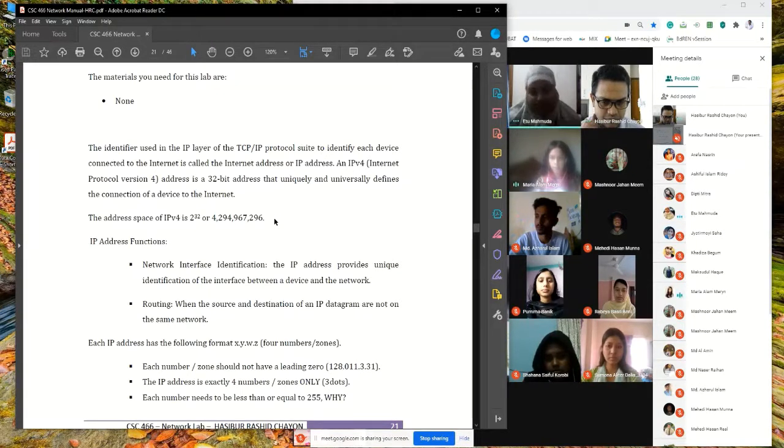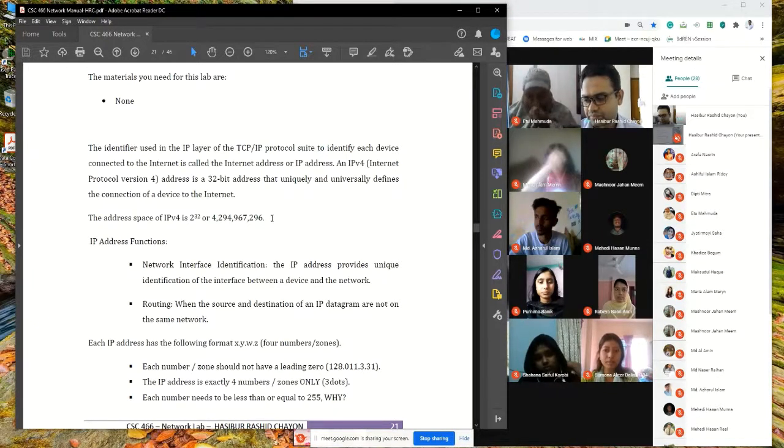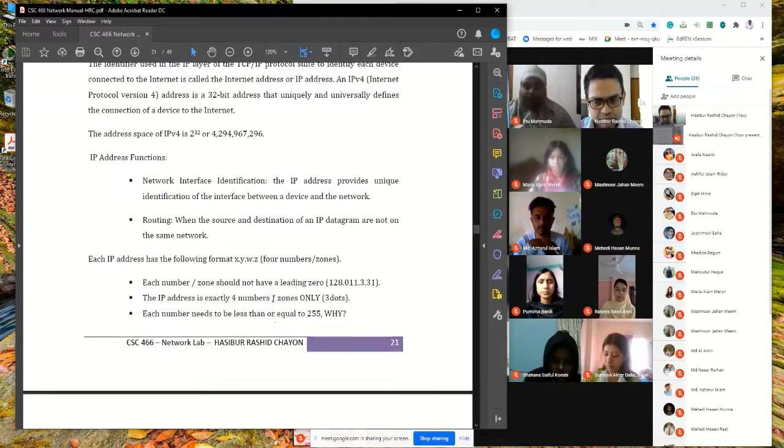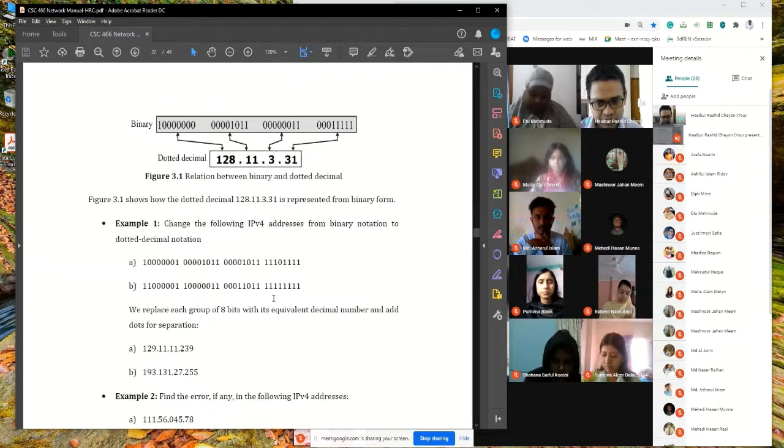So why do we have IP version 6? Because of the limitation of IP version 4. We have a limitation of IP version 4 because we have so many devices. That's why we have another version called IP version 6, which I have already shown you in the last class. So that is IP version 4 and IP version 6.